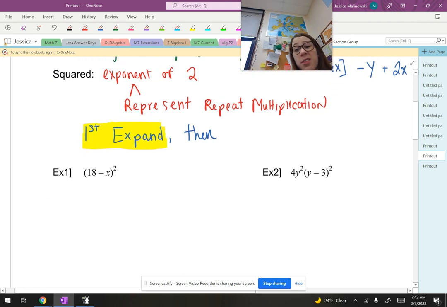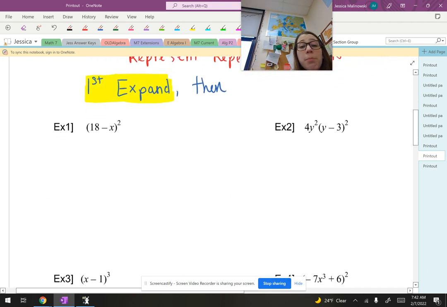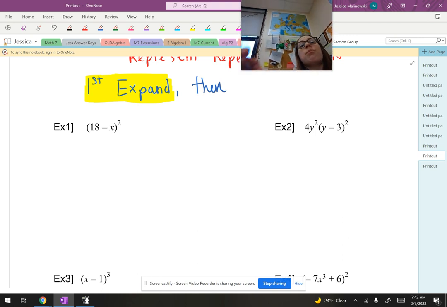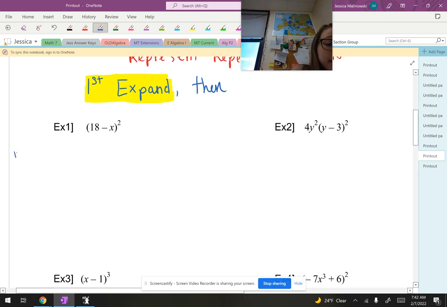So we'll look at the first example. Remember, repeated multiplication: you are repeatedly multiplying the base by itself, the number of times the exponent tells you to. So here in example number 1, my base is the entire 18 minus x.